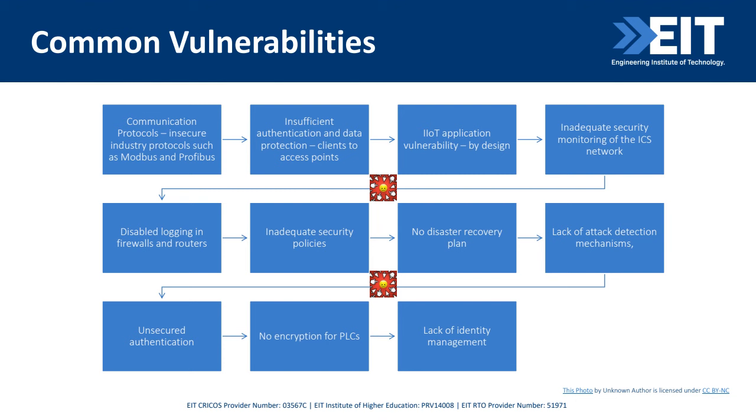Therefore, these communication protocols allow these IoT devices to talk to each other in plain text, without validating the integrity of messages exchanged and without any authenticity of the messages in the first place. So the protocols are inherently insecure. There is not sufficient authentication and protection of data. And by design, any industrial IoT application will have vulnerabilities which were not patched in the first place.